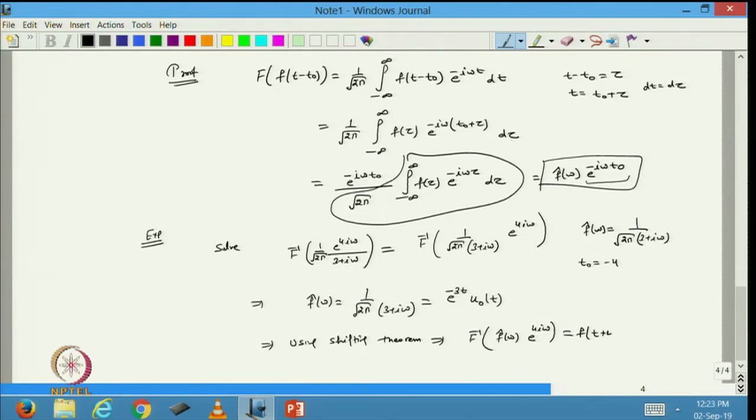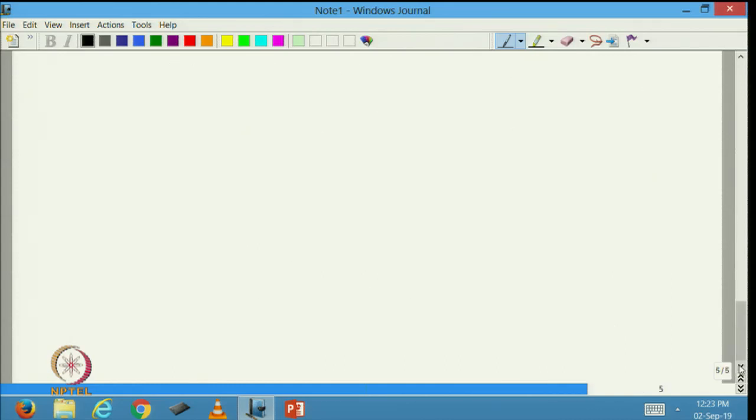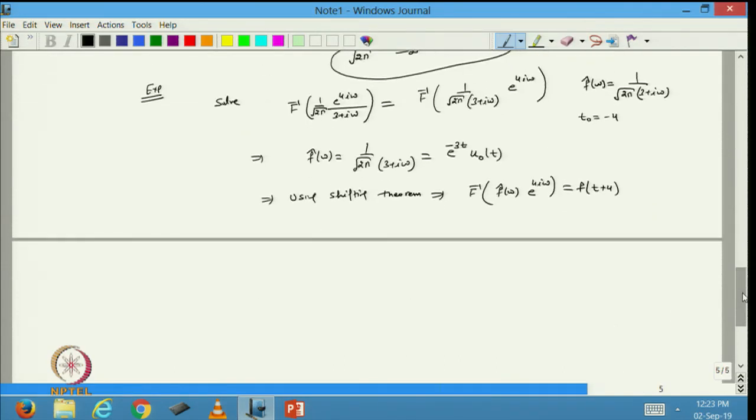So, it will be f of t plus 4, and this is equal to e raised to power minus 3 (t plus 4) u naught (t plus 4).